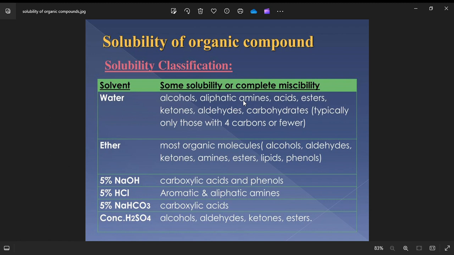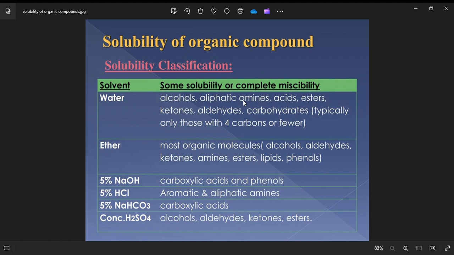Now for carboxylic acid and phenols. Carboxylic acid and phenols will dissolve in 5% sodium hydroxide. Both of them will dissolve in 5% sodium hydroxide.